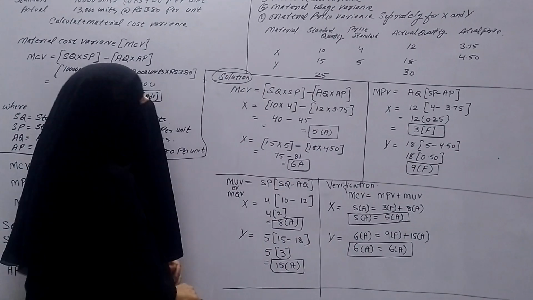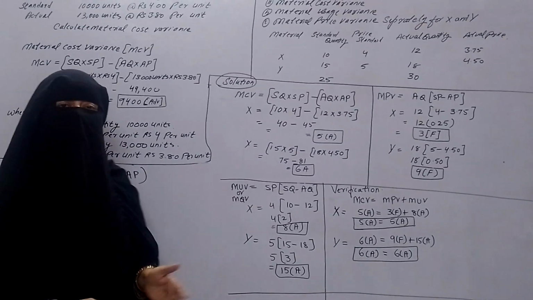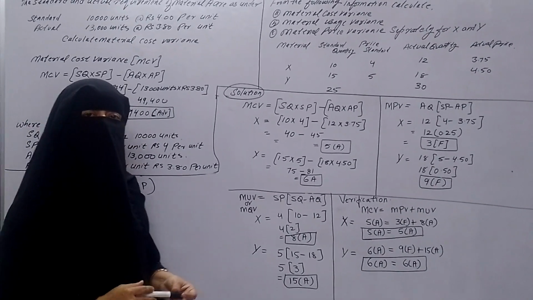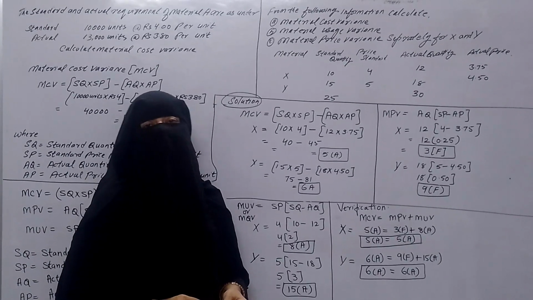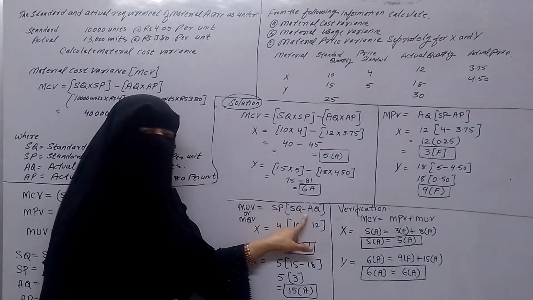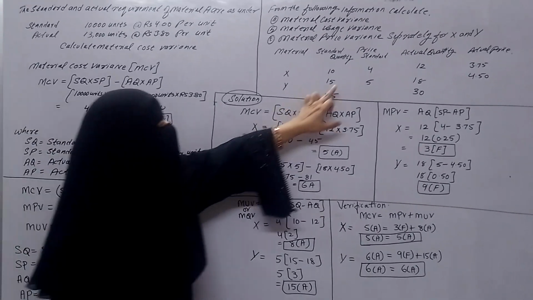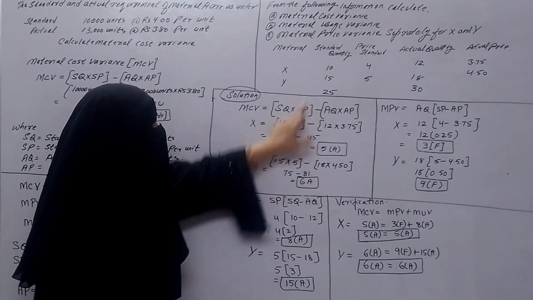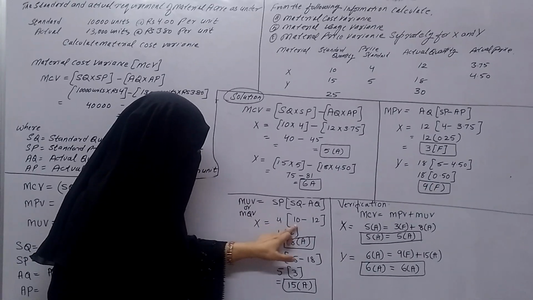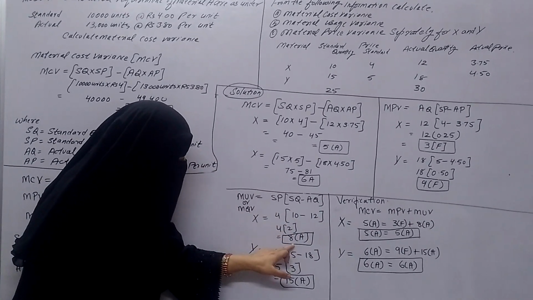Now next is material usage variance. Material usage variance is also known as material quantity variance. For that the formula is standard price bracket standard quantity minus actual quantity. SP bracket SQ minus AQ. Now for material X, standard price is 4, standard quantity is 10, actual quantity is 12. 4, 10 minus 12, 2. 4 into 2, 8.